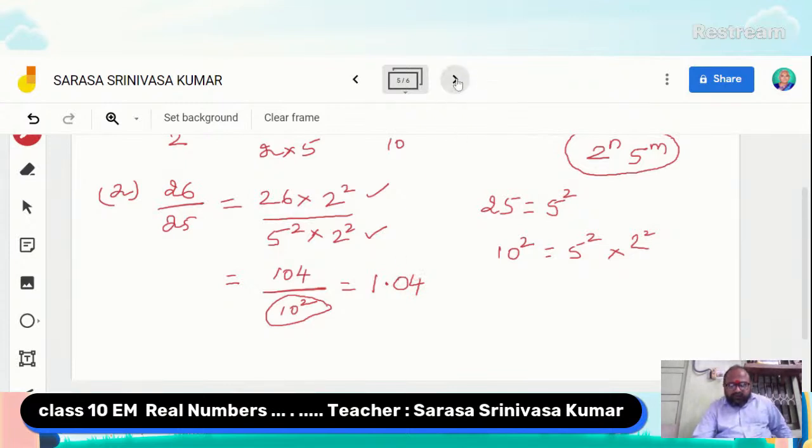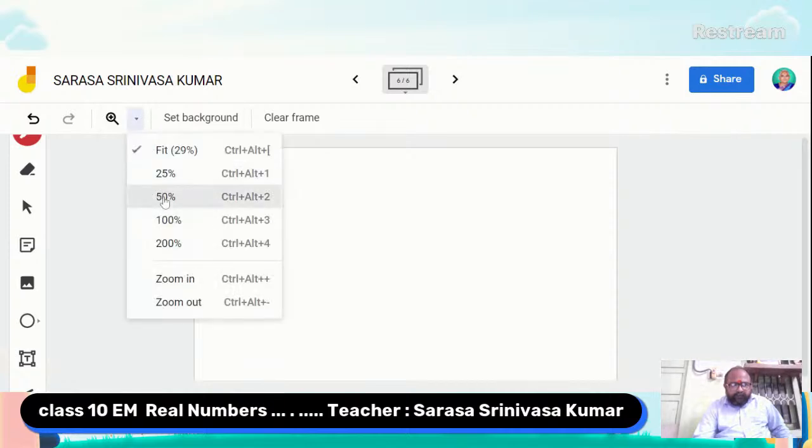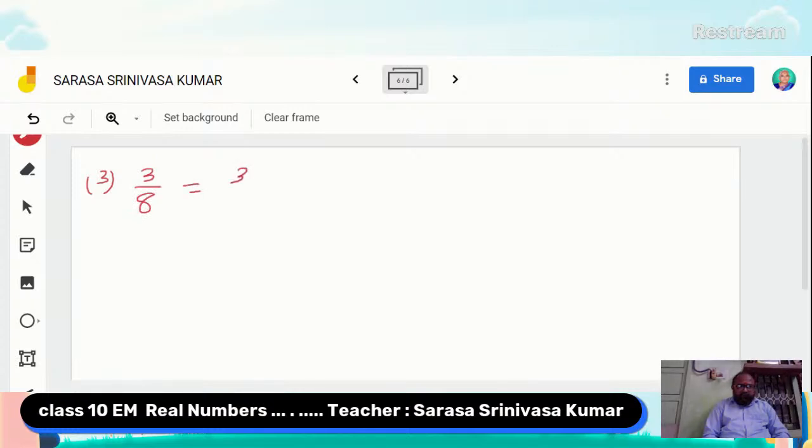Now we consider another problem to understand the concept. The third one is 3 by 8. 8 can be written as 2 power 3. Now we want to get 10 cube in the denominator because 2 power 3 is there.